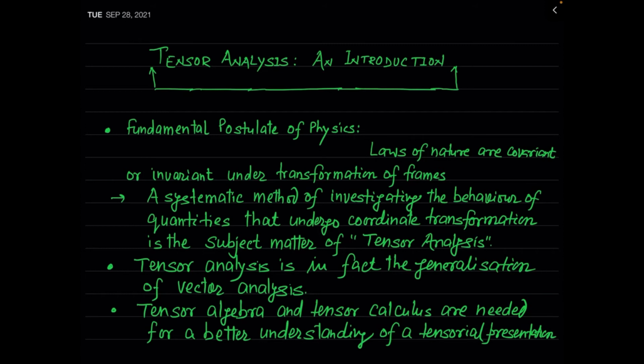In an alternative way, you can say that the laws of nature or laws of physics are covariant or invariant. When you say that laws of physics are covariant or invariant, what does it mean? It means that these laws have the same form in all coordinate systems or all reference frames.